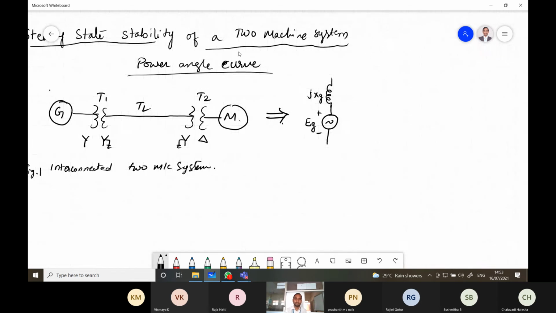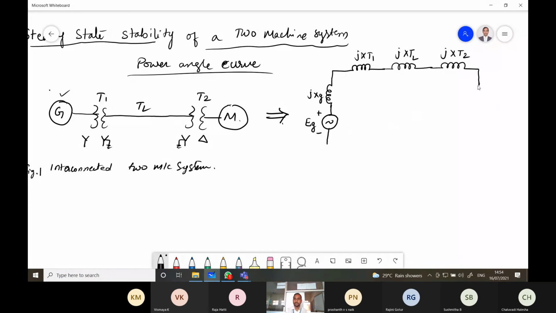Right? So after the generator we get transformer 1. Transformer 1 can be represented by reactance jXt1. Next is the transmission line, that is jXTL. And the third, transformer T2, jXT2.